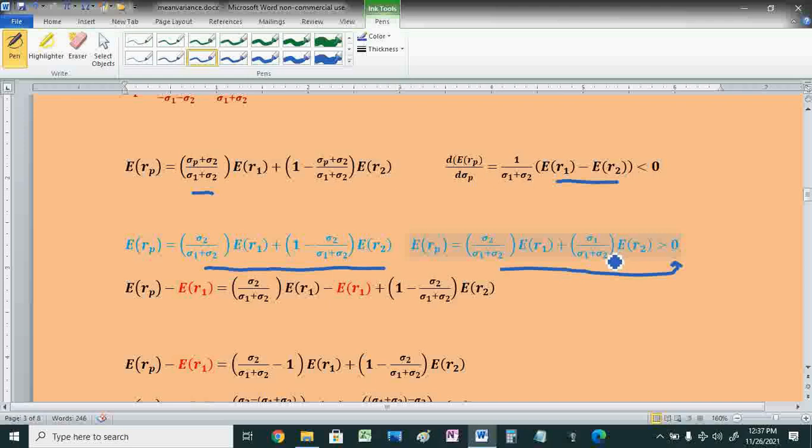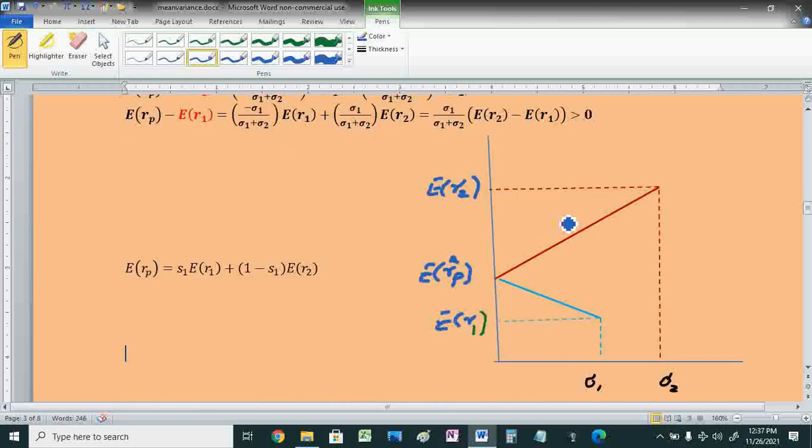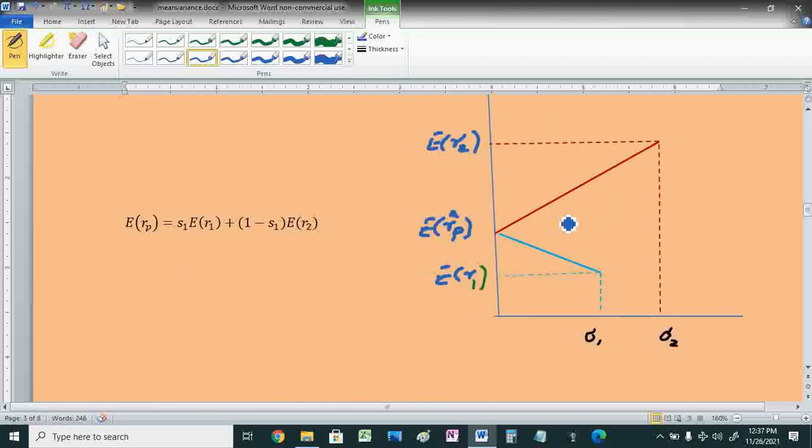This means that this equation will have a positive vertical intercept if I am plotting the expected return on the vertical axis and variance along the horizontal axis.